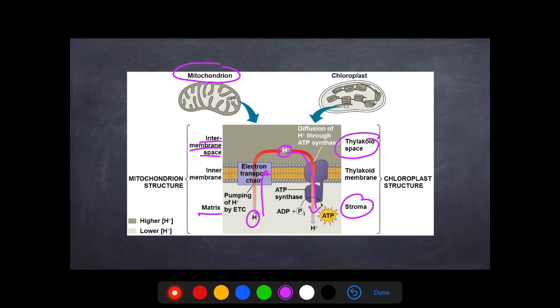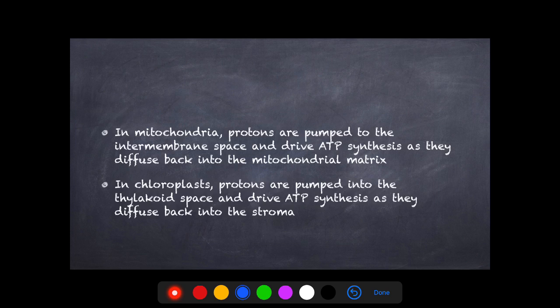For chloroplasts, you're pretty much having the same thing as well, but it's going to happen in the thylakoid and the stroma. In chloroplasts, you have protons that are being pumped from the thylakoid space, which is over here. I'll use a different color here, into the stroma. And that's how you're going to drive the synthesis of ATP.